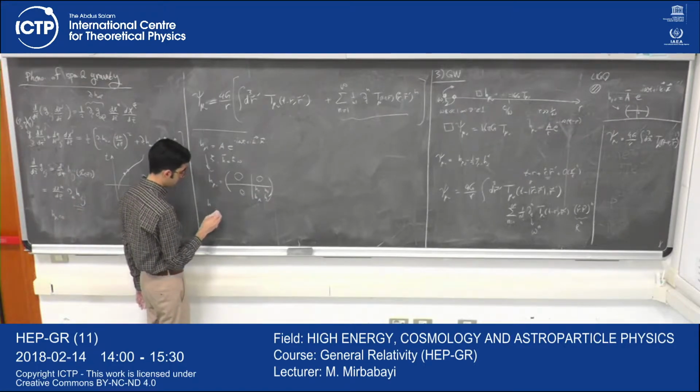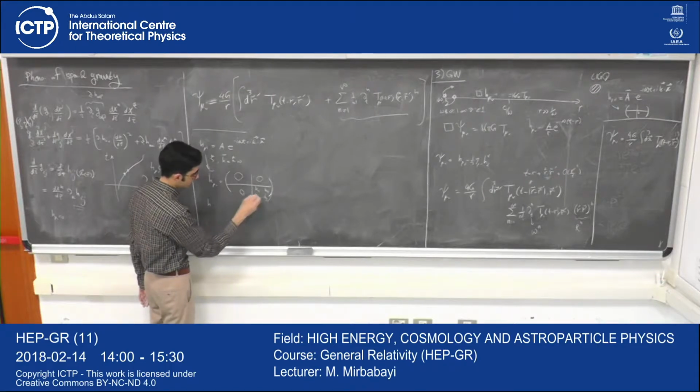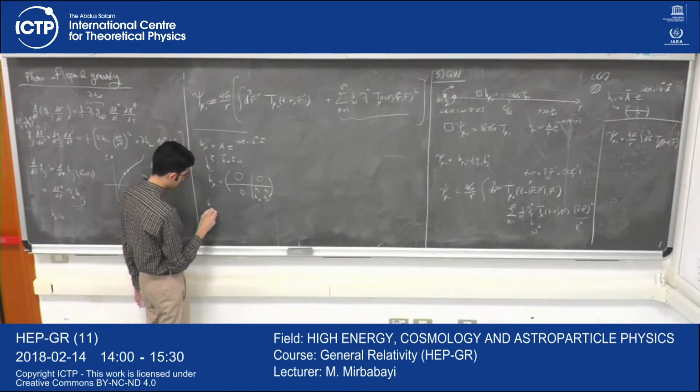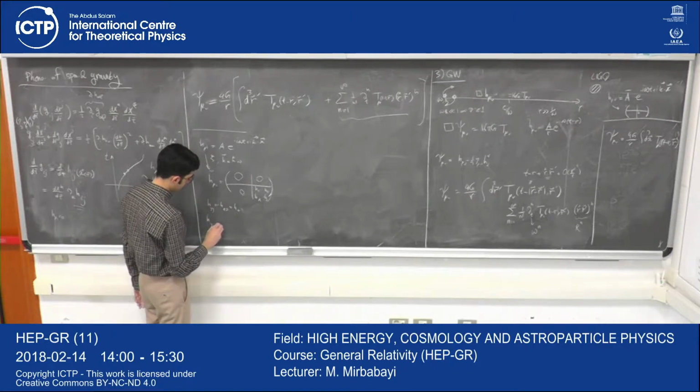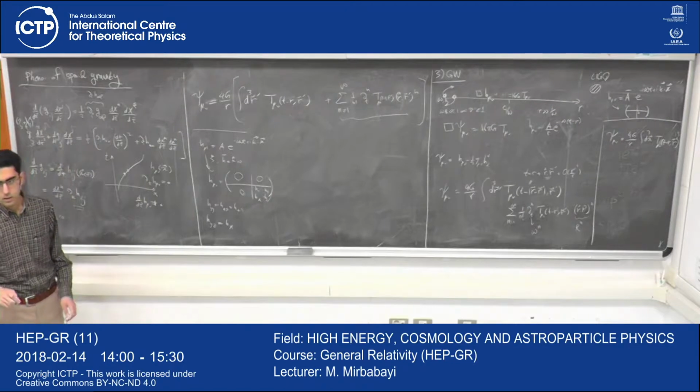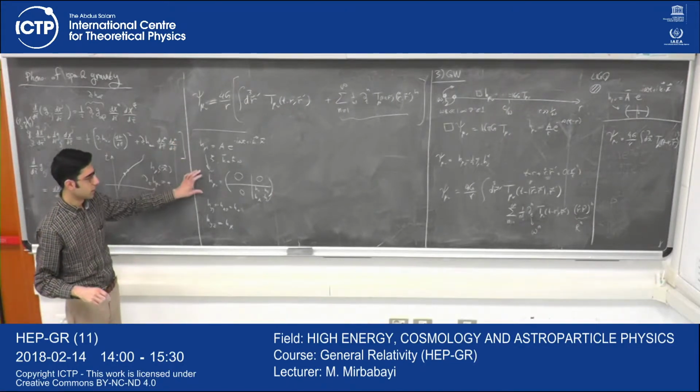So h yy equals minus h zz equals h plus, and then you have h yz equals h cross. So you can bring h to this form.